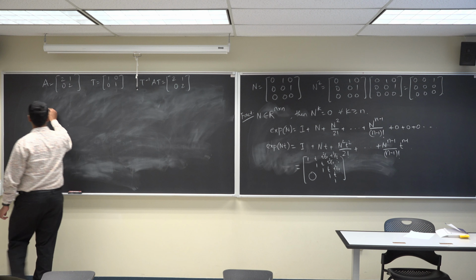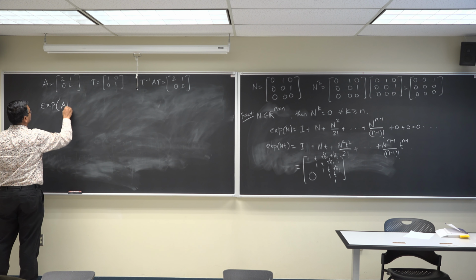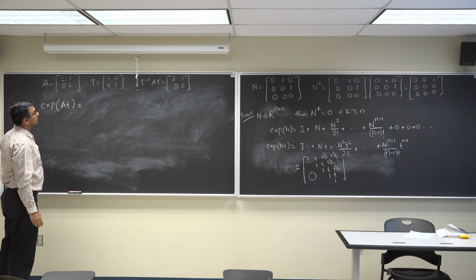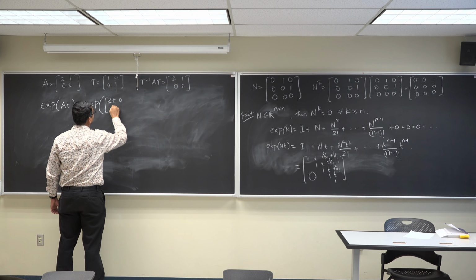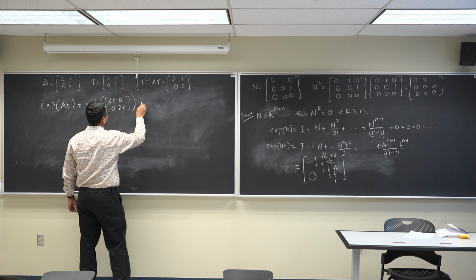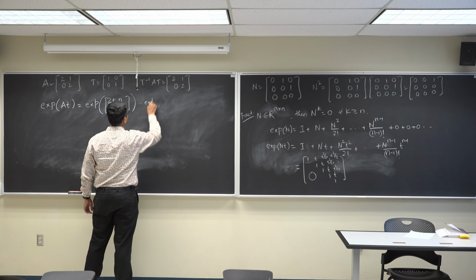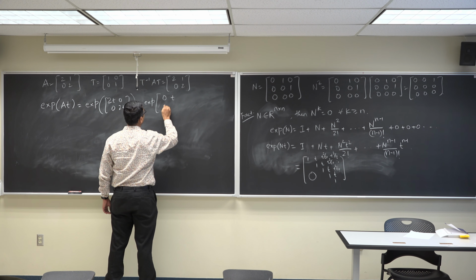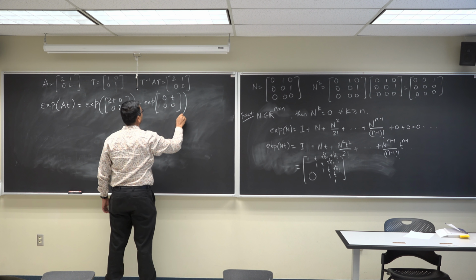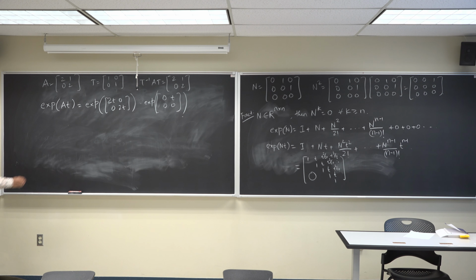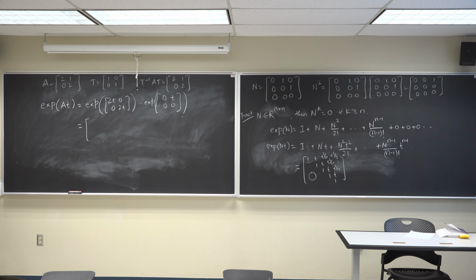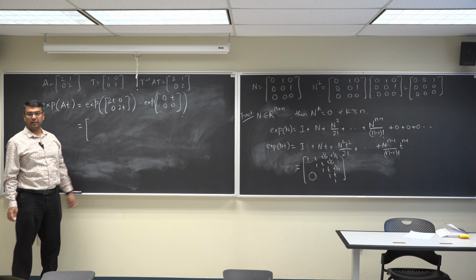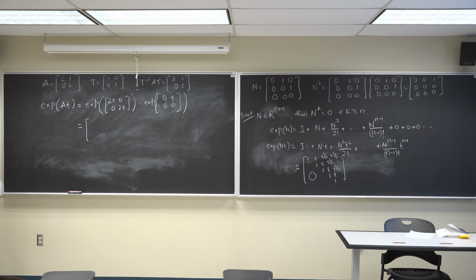So the exponential of AT is equal to exponential of 2t 0 0 2t, times exponential of 0 t 0 0. Can someone tell me what is the exponential of this matrix? Yes, please.